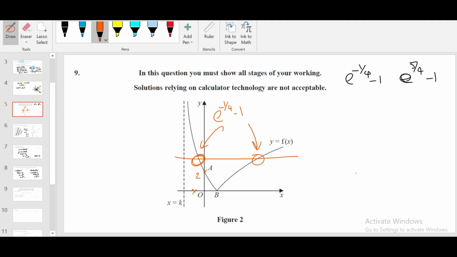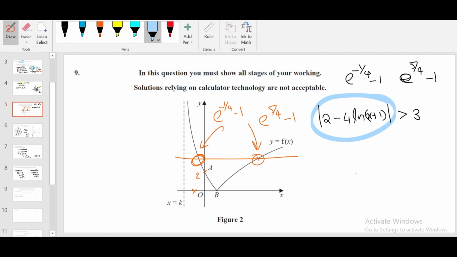This point actually, the x coordinate of this point of intersection, is e power 5 over 4 minus 1. They want us to solve this inequality: 2 minus modulus of 2 minus this is greater than 3. So in the graph, the modulus graph should be above the line y is equal to 3.